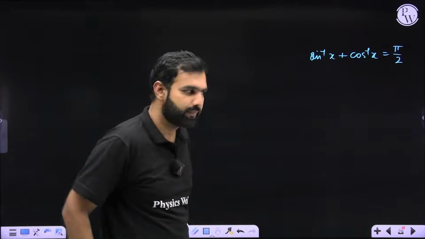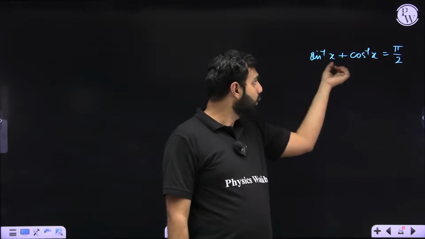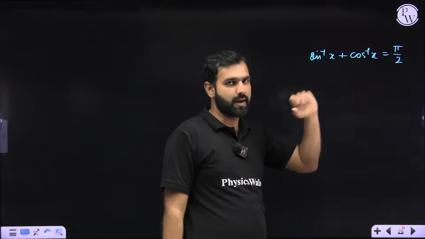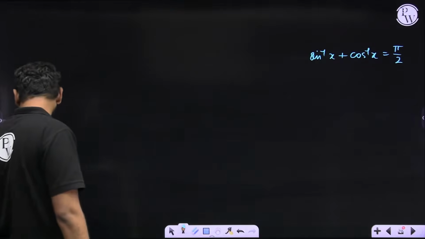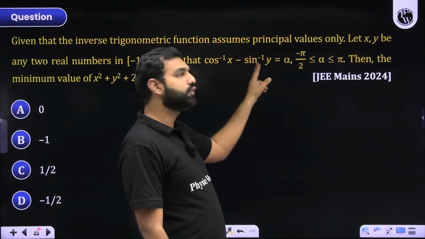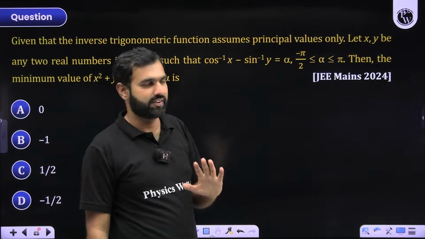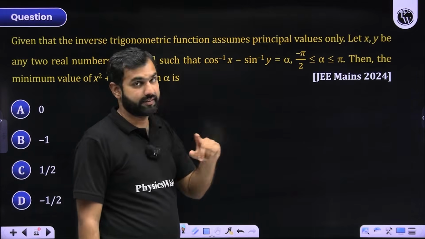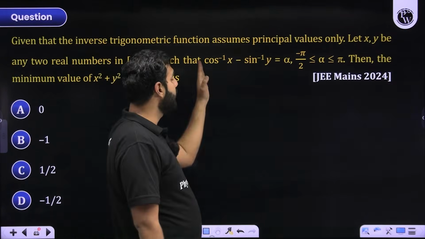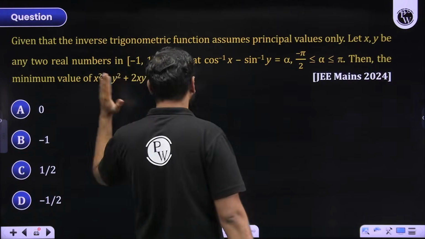Do you remember that? Now, if you have this result, we can convert any one into the other one. For example, in this question, I have sine and cos both. I hope you can see this in this question. So I want both of them to be either in cos inverse or sine inverse. So let's convert it into sine inverse at this stage. So this cos inverse x, I hope I can write as pi by 2 minus sine inverse x. Do you all agree with this? I hope there is no confusion on that.